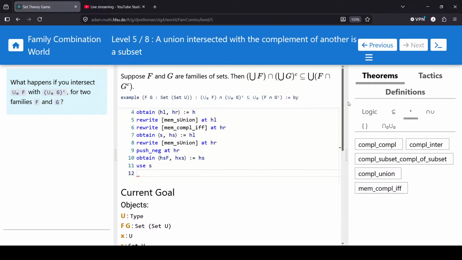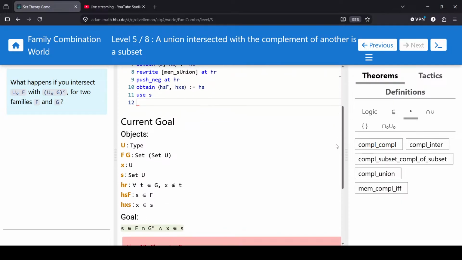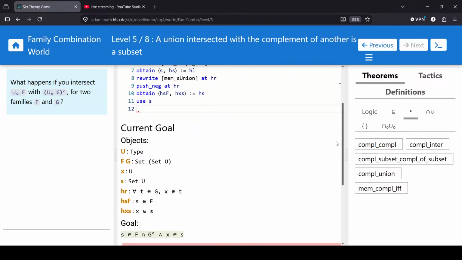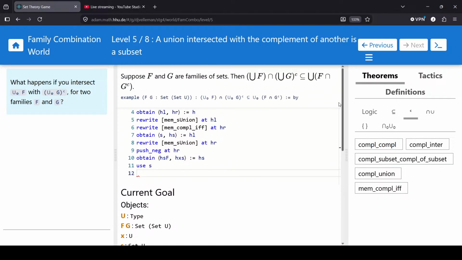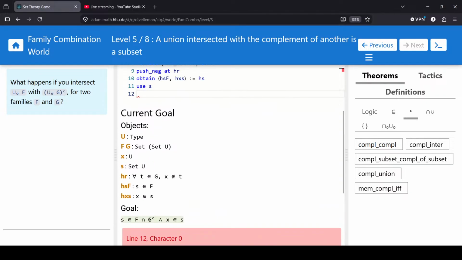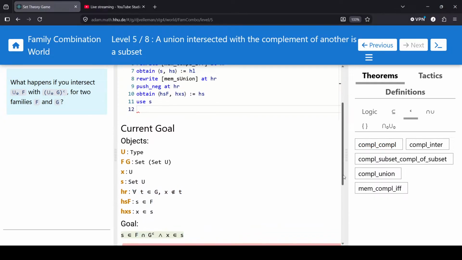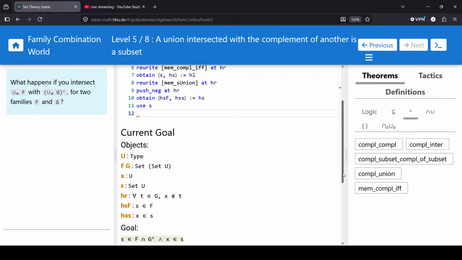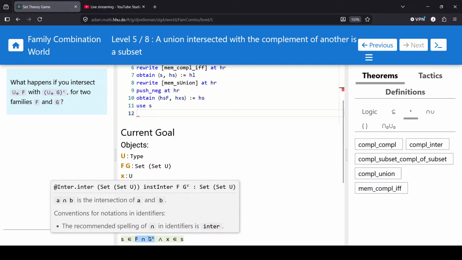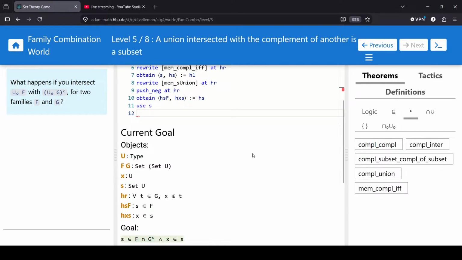Oh, this is kind of tricky. Because the thing is, I don't have anything in G to feed this for all. So what can I do about that? Oh, I guess I can give it F intersect. No, that doesn't make sense.